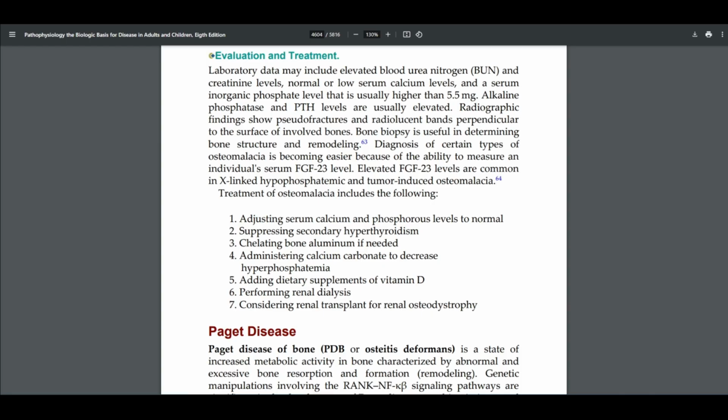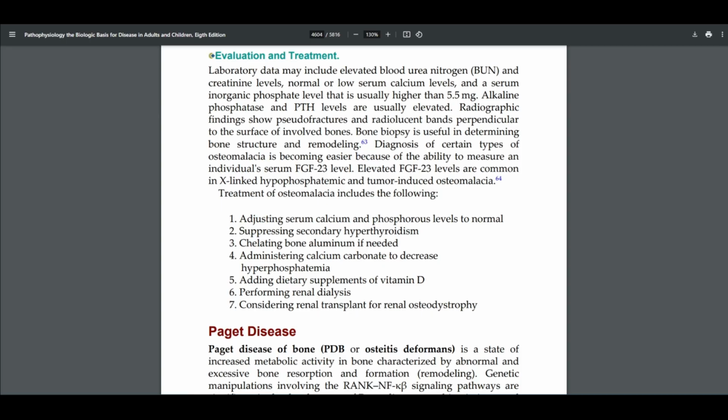Treatment includes the following: adjusting serum calcium and phosphorus levels back to normal, suppressing secondary hyperparathyroidism, chelating bone aluminum if needed, administering calcium carbonate to decrease hyperphosphatemia, adding dietary supplements of vitamin D, performing renal dialysis, and considering a renal transplant for renal osteodystrophy.